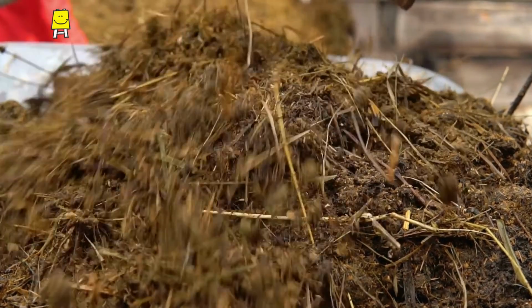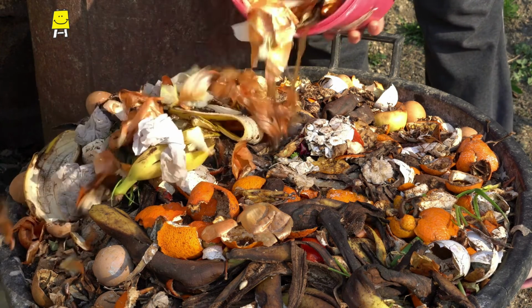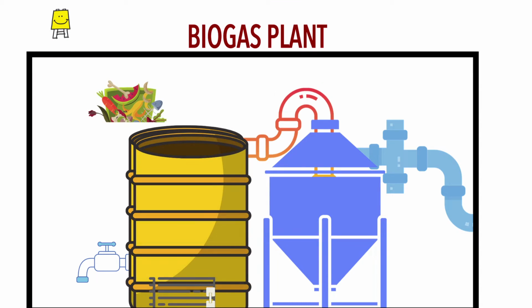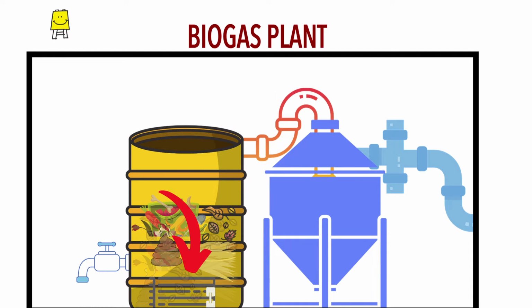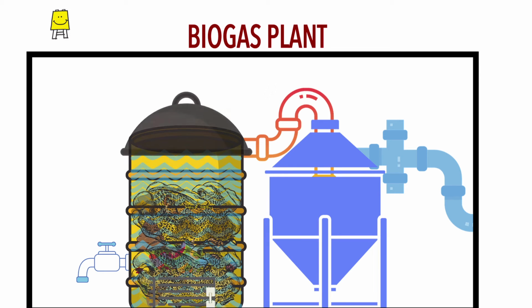The organic waste matter from farms and homes like weeds, leaves, twigs and roots, paper, kitchen waste, and leftover food are put in an airless tank. Dung and water are added to the chamber and it is allowed to ferment.